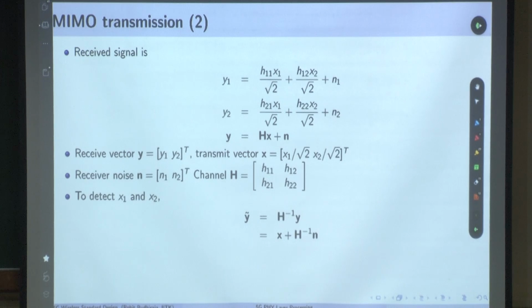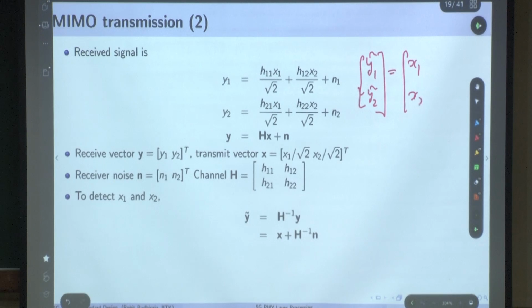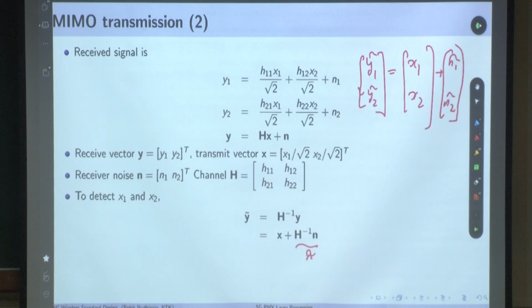Now if this operation is done, what will be the output? If you substitute y over here, what are you going to get? x plus H inverse n, right? Now if the UE looks at the first component of y tilde, we call these y1 tilde and y2 tilde, what is it going to get? x1, x2, plus, I call this n tilde, just for example, n1 tilde and n2 tilde.